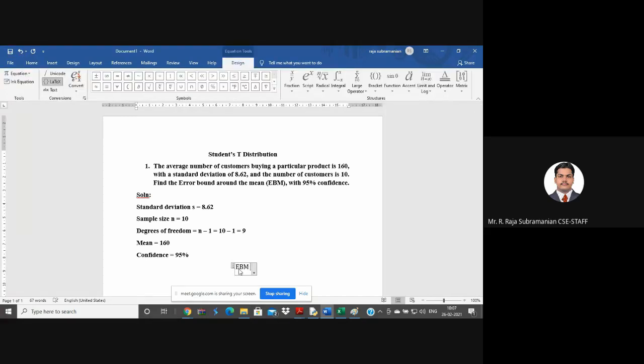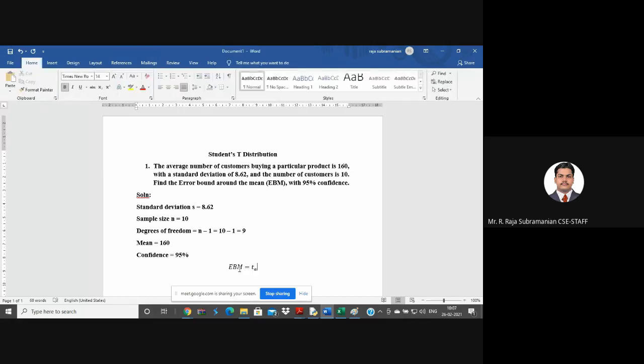So EBM will be equal to, the usual formula is, you find the t value with degrees of freedom v, comma, alpha divided by 2.